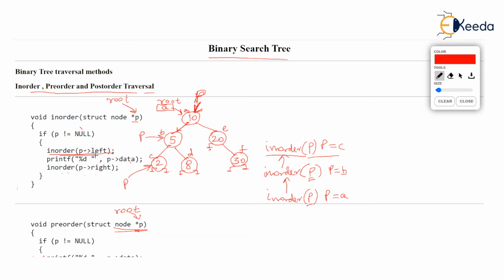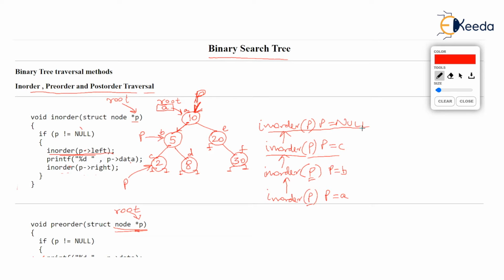Now observe, left of P is literally null. So what we are passing to the new in-order call is a P parameter that is null. A fresh in-order starts with P as null.